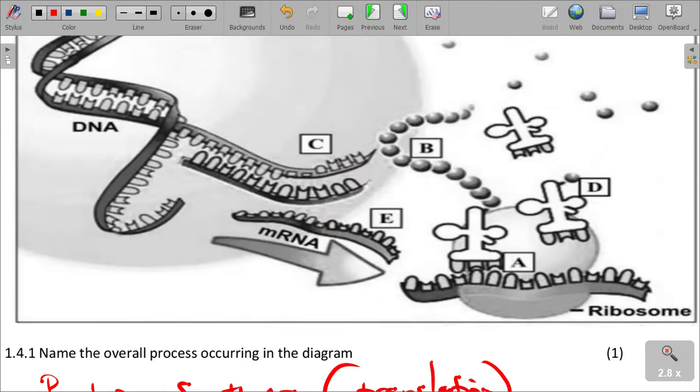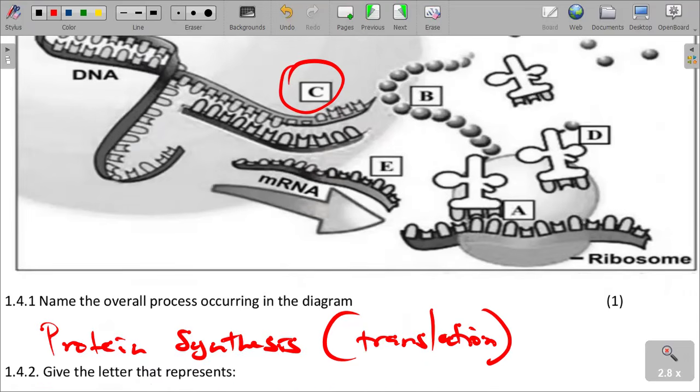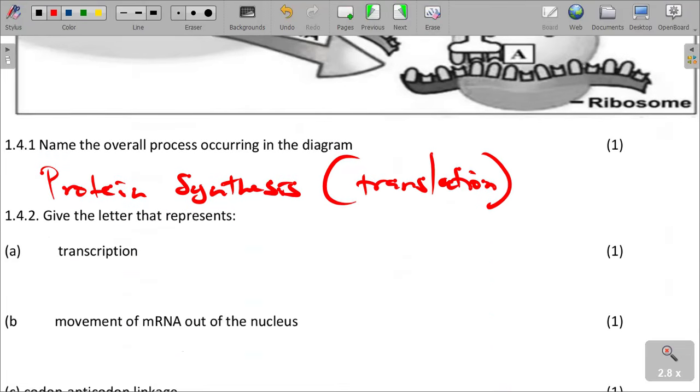Transcription occurs when a piece of DNA is pairing with a small piece of mRNA that is being formed. So we see that C is representing that, where the piece of DNA unwinds, and then we have a single strand that wedges below it. That wedging of a single strand below the strand of DNA identifies the process of what?